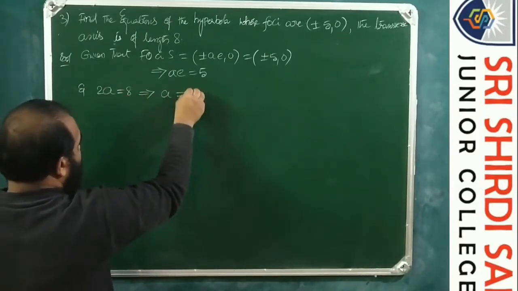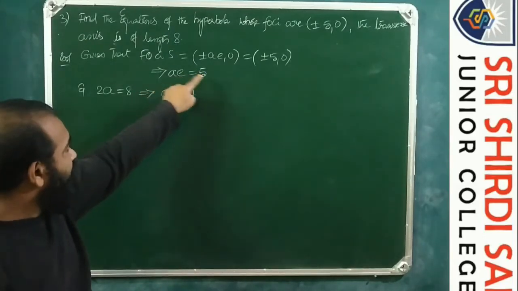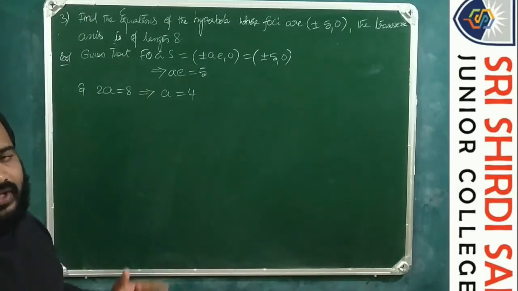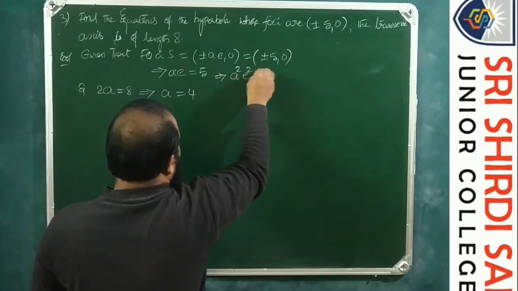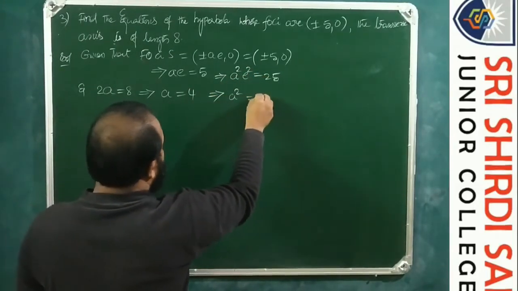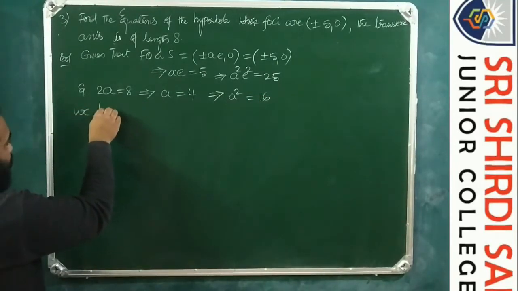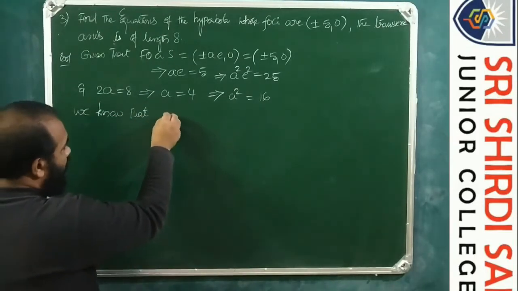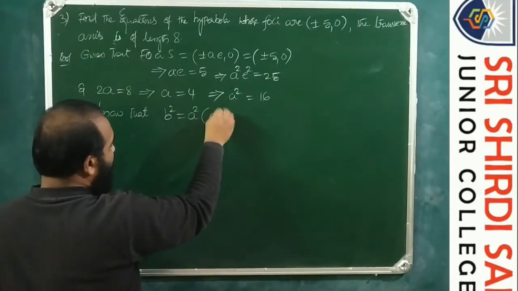From this a is equal to 4. With this available data, ae equals 5 and a equals 4, we need to find the equation of the hyperbola. So from this a square e square is equal to 5 square, 25. Here a square is equal to 16. We know that b square is equal to a square into (e square minus 1).